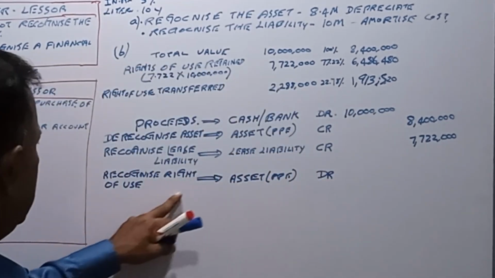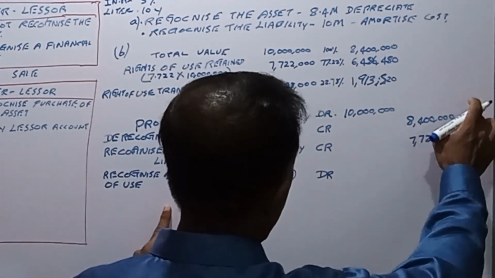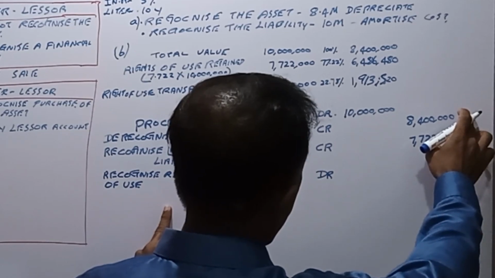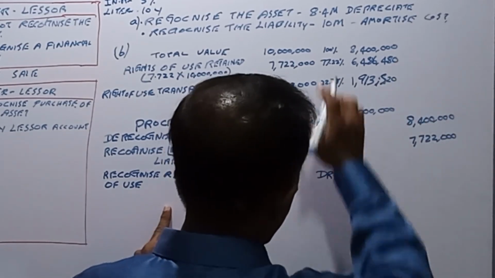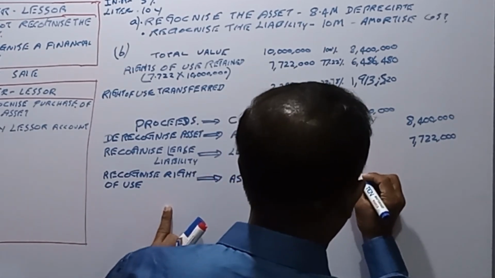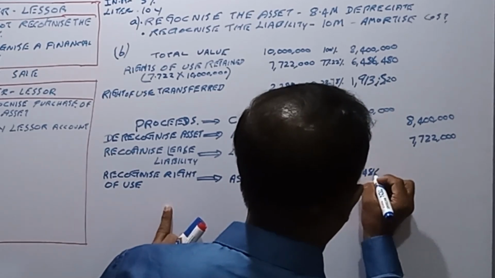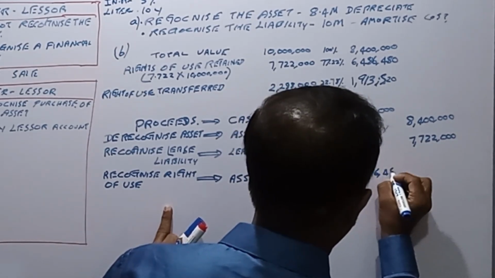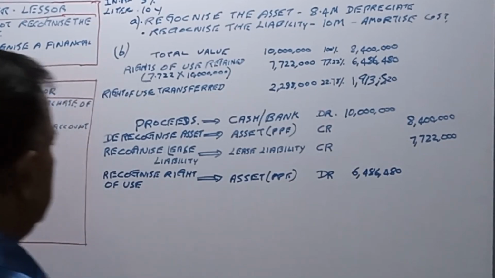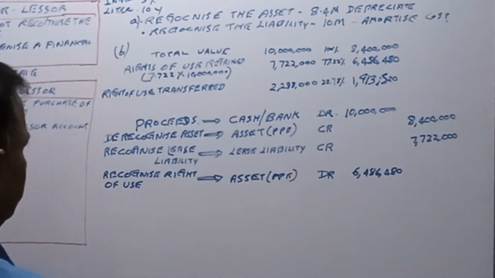This is the recognized right of use: 8,400,000 into 77.22%, that is debit 6,486,480.